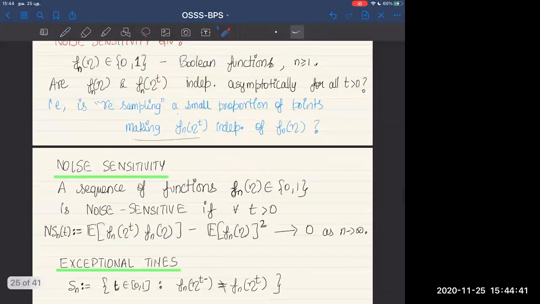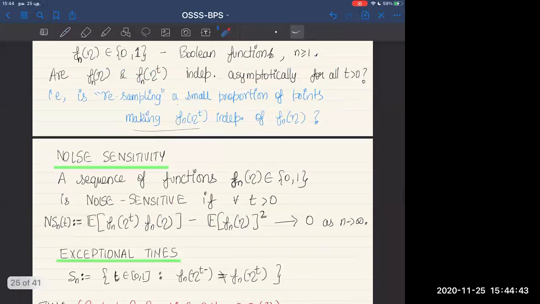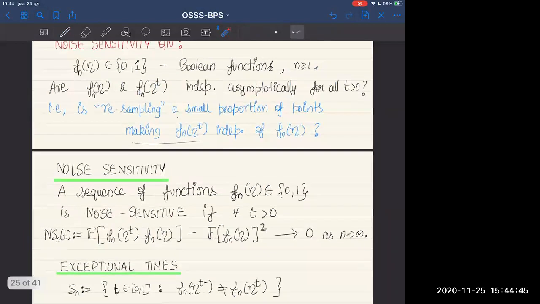Now let's define this formally. I call a sequence of functions f_n of eta, taking values in {0,1}, noise sensitive if for all t greater than 0, the covariance at time t goes to 0 as n goes to infinity. I call this covariance NS_n of t, the noise sensitivity at t. This will be important; we will keep quantifying t in terms of n later.